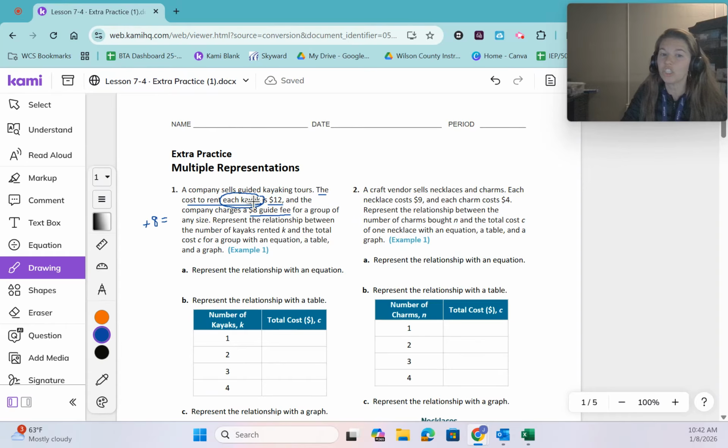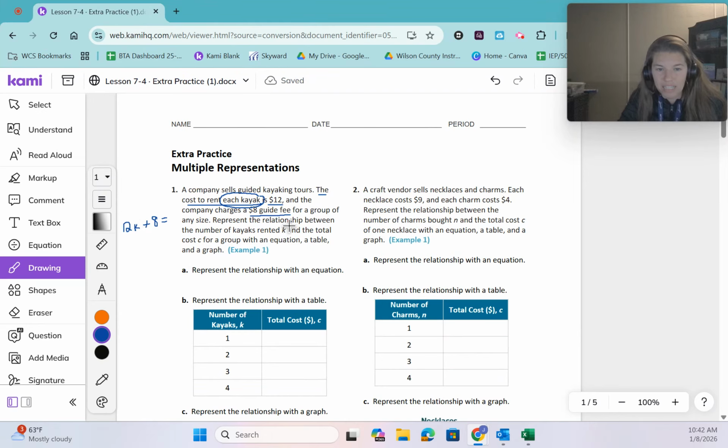Then each kayak is $12. Well, if you have one person, you need one kayak, right? And that's going to cost you $12. So $12 for each kayak being used, which means $12 for every person who comes kayaking. So we're going to take 12 and multiply by the number of kayaks we need.